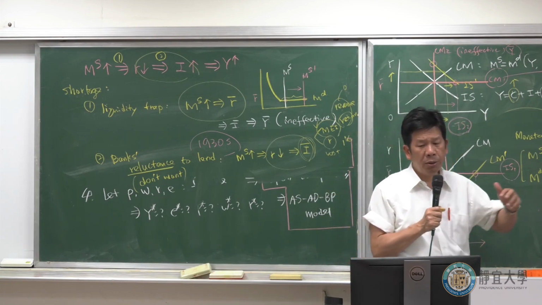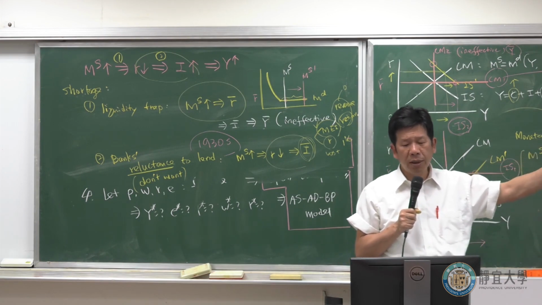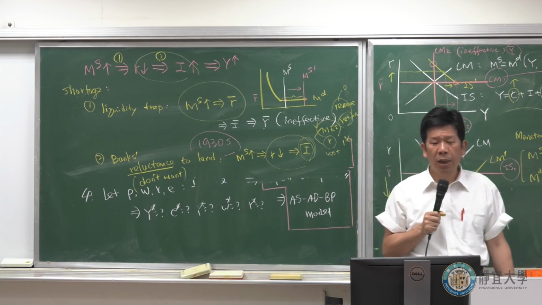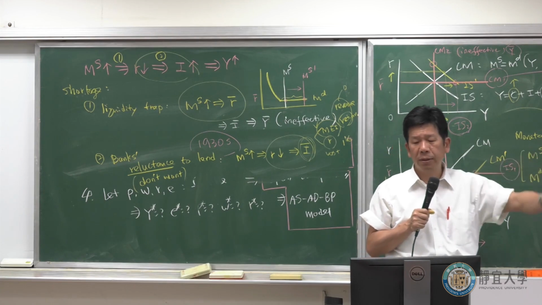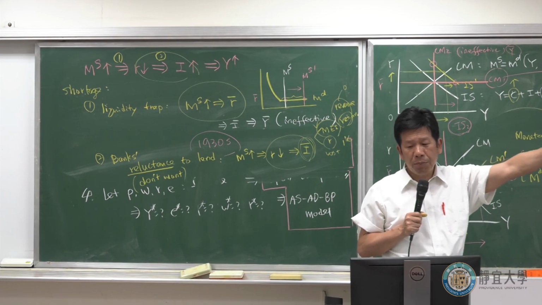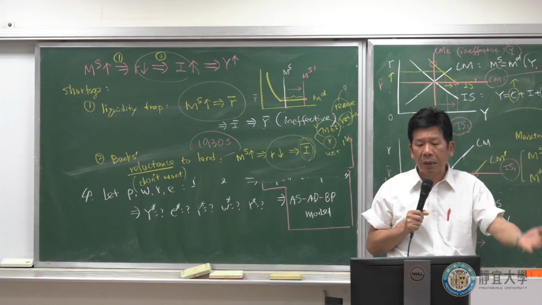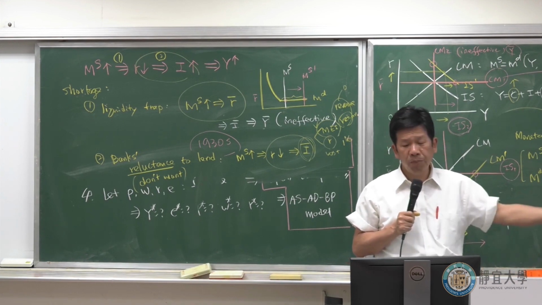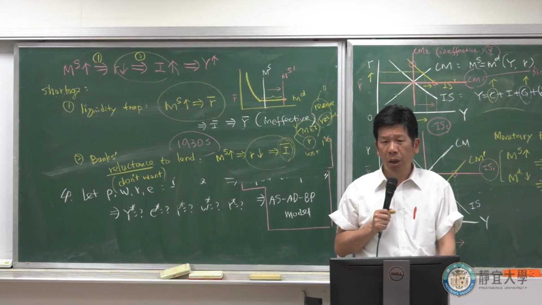Although there is an effect of monetary policy on the economy, people don't like to use it because monetary policy is powerless to alter the economy. So there is a breakdown in the transmission mechanism. The transmission mechanism cannot work.